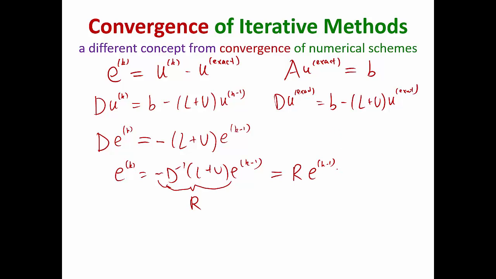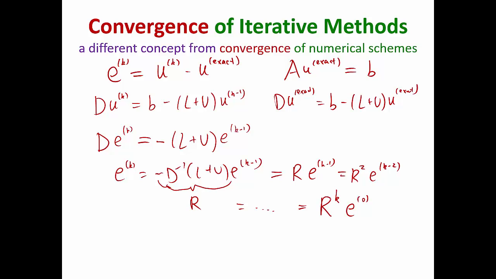And ek minus 1 is also equal to R times ek minus 2. So this is equal to R squared times ek minus 2, is equal to, etc., R to the kth power times e0.